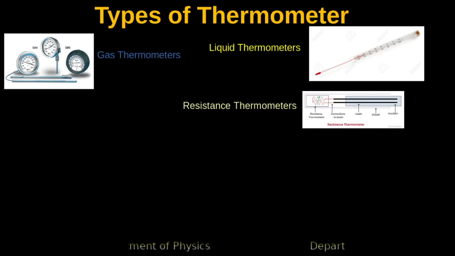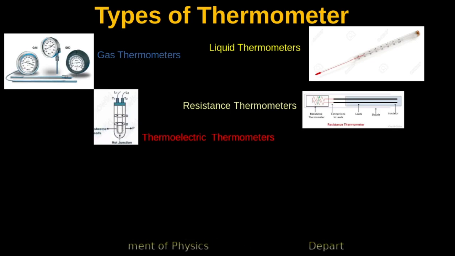Then the resistance thermometers. These are based on the principle of change in resistance with change in temperature. The platinum resistance thermometer is the example. Thermoelectric thermometers are based on the principle of thermoelectricity, that is, production of thermo-electromotive force in a thermocouple when the two junctions are at different temperatures.